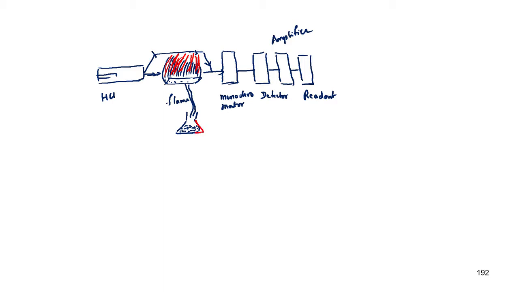Here is my conical flask containing the sample. So, we are showing the layout of the AAS system.